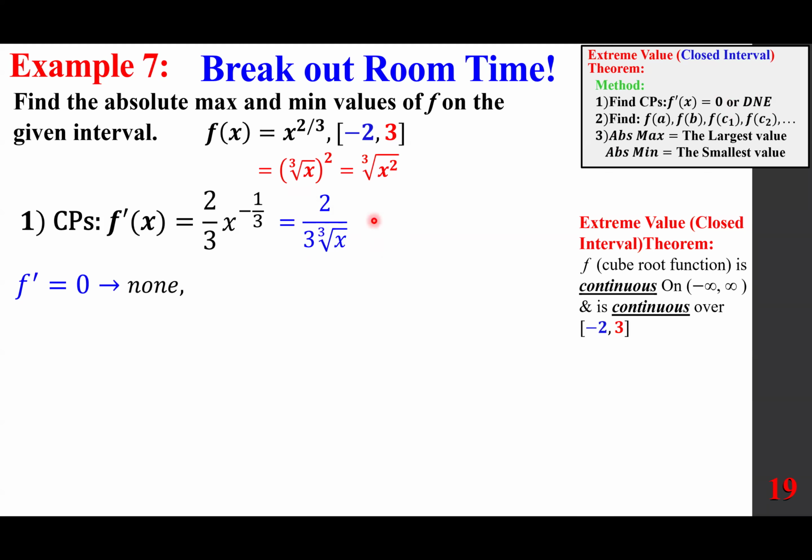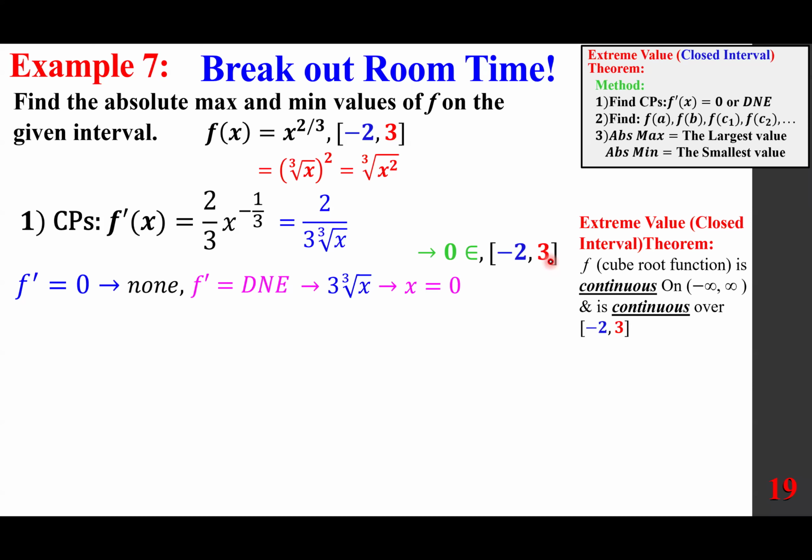A fraction is undefined when the denominator is 0, and the denominator is 0 when x is 0. Is 0 in between the given interval of -2 to 3? Yes, therefore 0 is an element of -2 to 3.